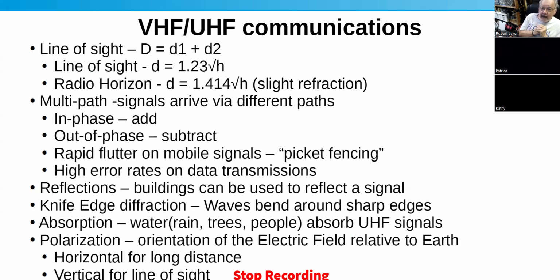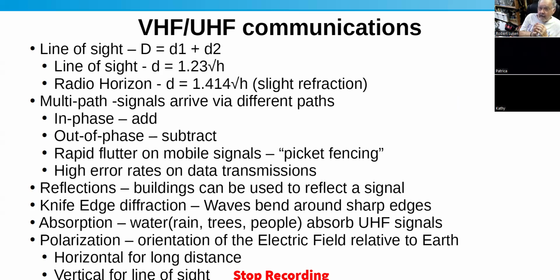So you're limited to line of sight as far as direct communications, or what we call simplex, where the distance you can get is due to the sum of the distance to the horizon of each of the people trying to communicate.